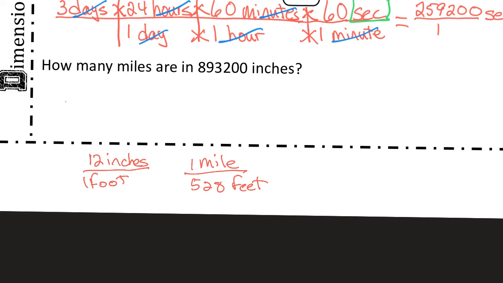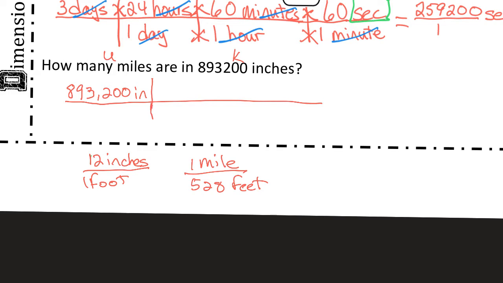So again, I'm going to do my table, and I'm going to put the known in the top of the table. So we're starting with 893,200 inches. That's our known. And we're going to miles, which is our unknown.